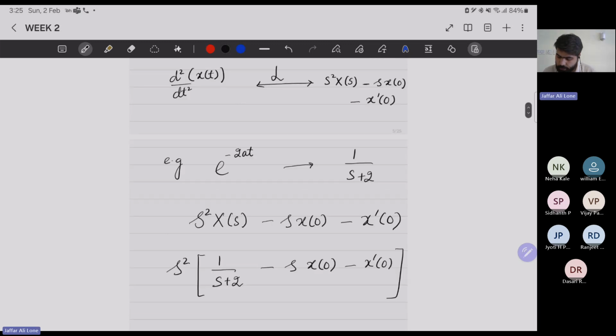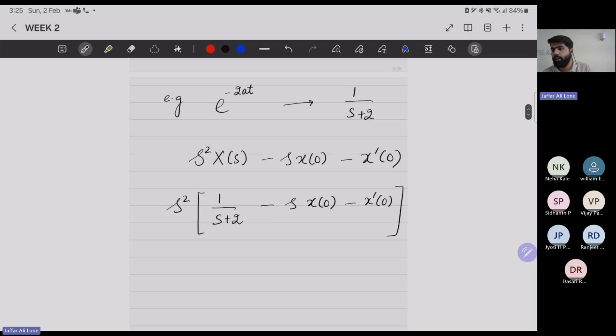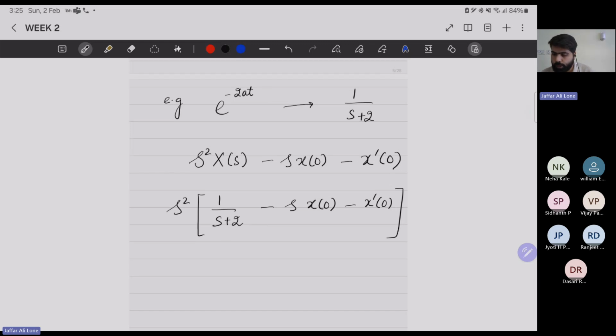Now you need to find the value of this function at 0, and then differentiate, and again find the value at 0. The value of the function when we put t equal to 0 is 1, right? Then when we differentiate it, we get e raised to the power minus 2t into minus 2.